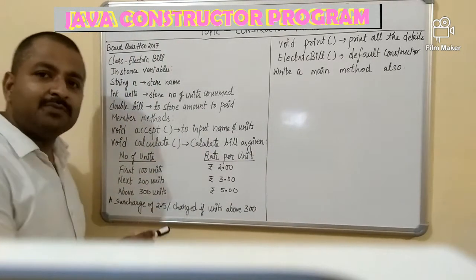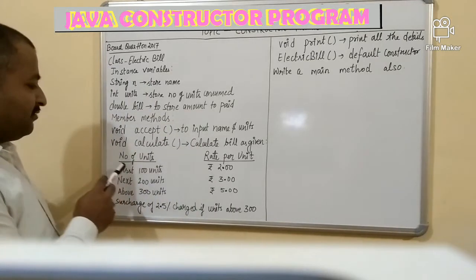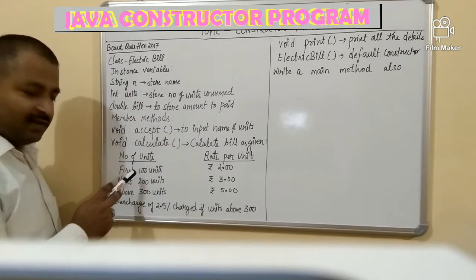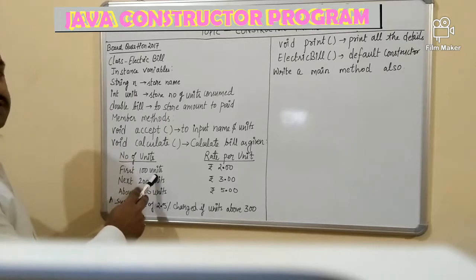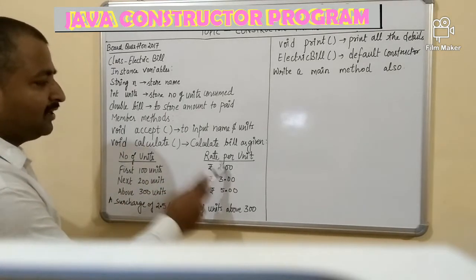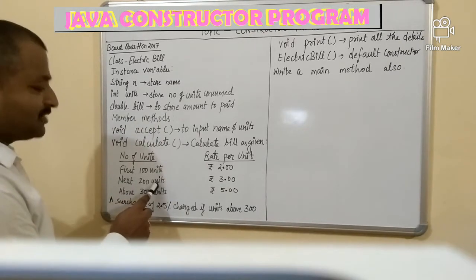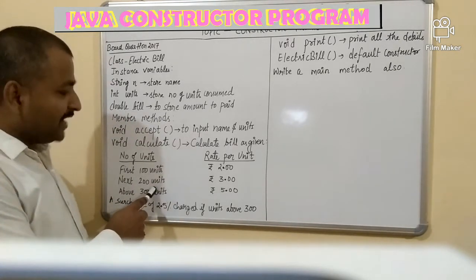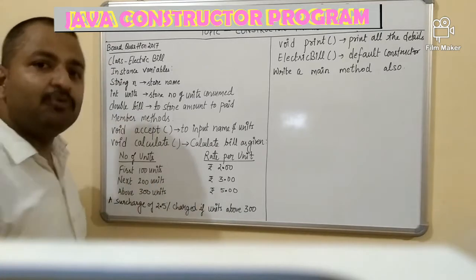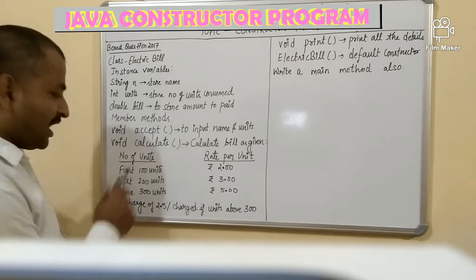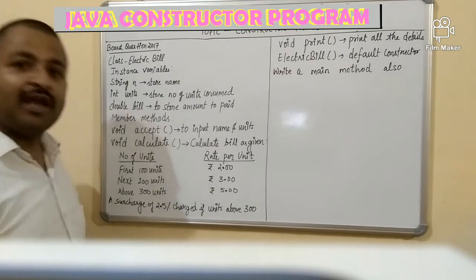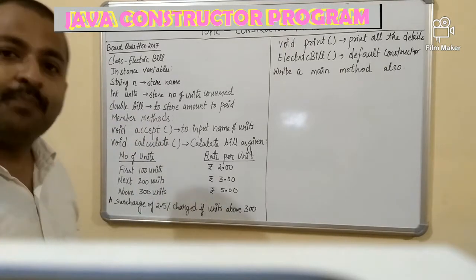Let's see, the slab has been given to you. In this slab you can find the number of units. For the first 100 units, you have to calculate the rate per unit, that is 2 rupees. Next 200 units, you have to calculate 3 rupees per unit. Above 300 units, you have to calculate 5 rupees per unit.